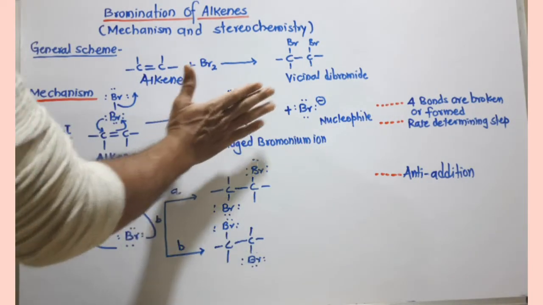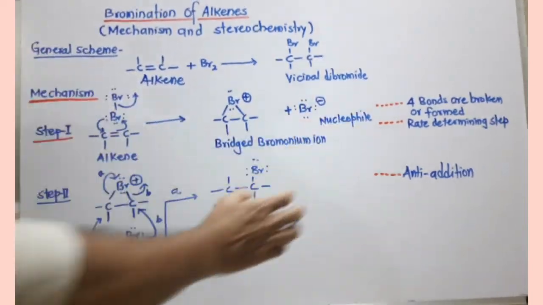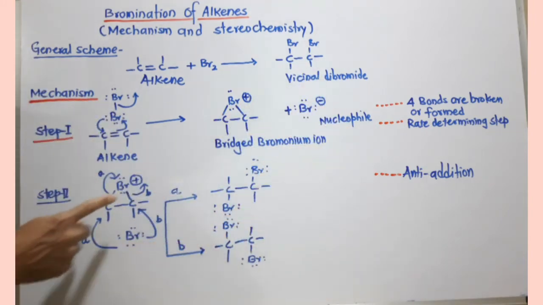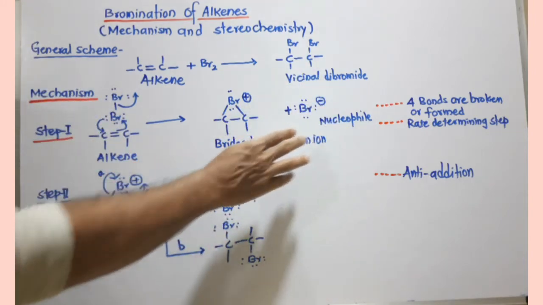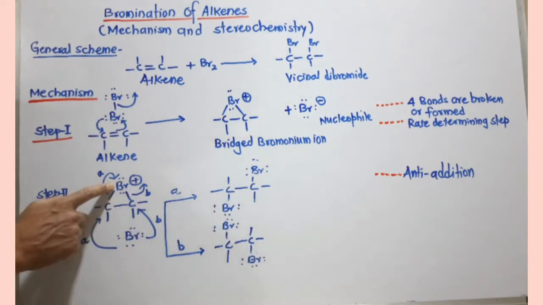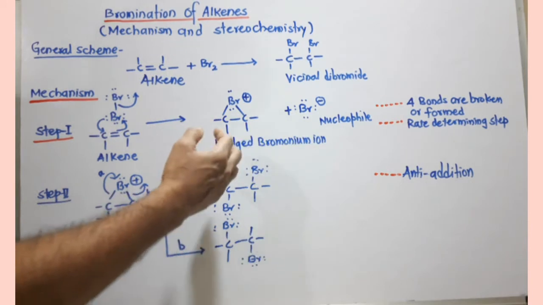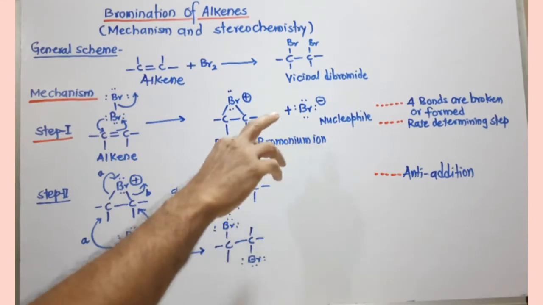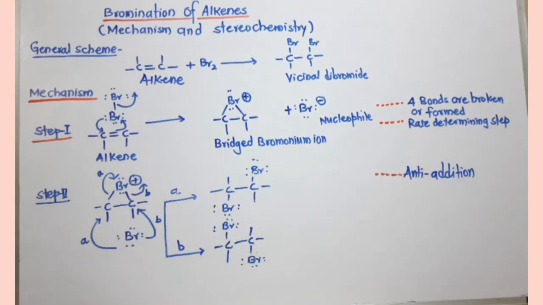Now the bridged ion is formed, and the nucleophile is formed. This nucleophile will try to attack this bridged ion, but one side is totally blocked because of this Br. So Br will come from the opposite side. You remember this word, opposite side. So this nucleophile is coming from the opposite side.